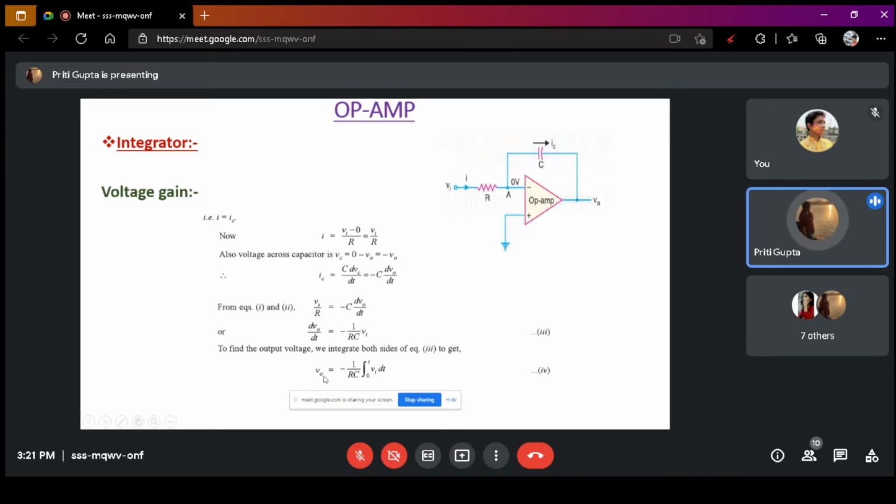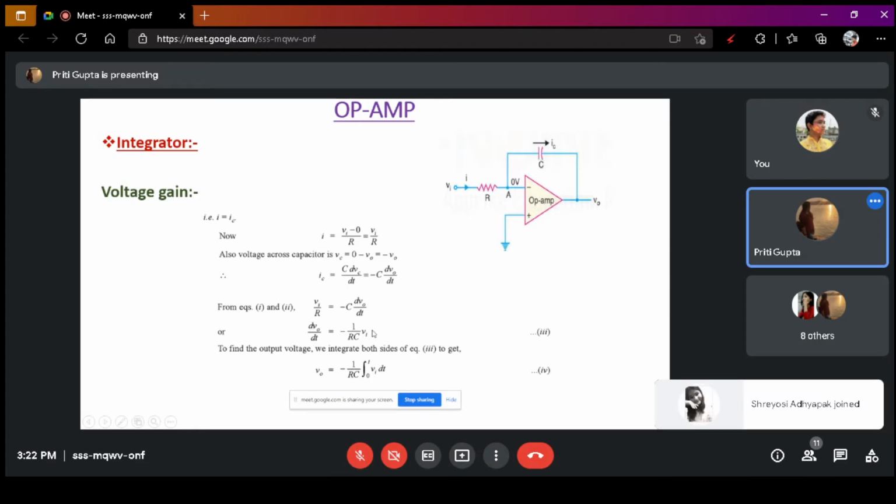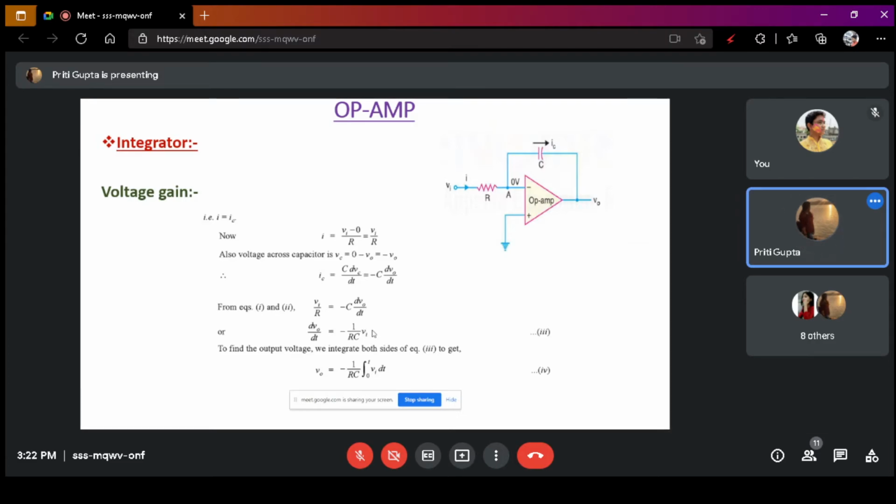So V0 equals to minus of 1 by RC, integration from 0 to T, Vi into dt. That's it. This is the formula for the output voltage. Write this.